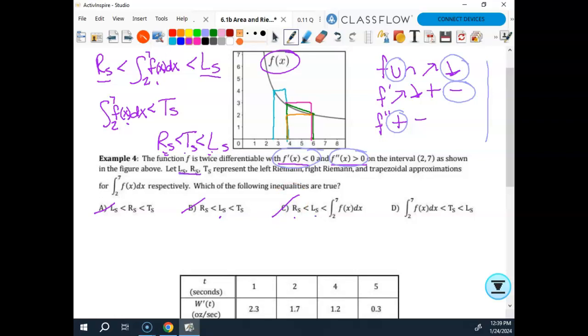The integral is the actual answer. We're estimating the integrals with these things. This is the actual answer. Yeah, the actual area right here. This actual area, if I could find it, which I can't because I don't know what the area formula is. So the trapezoid almost follows it, but this actually follows it.